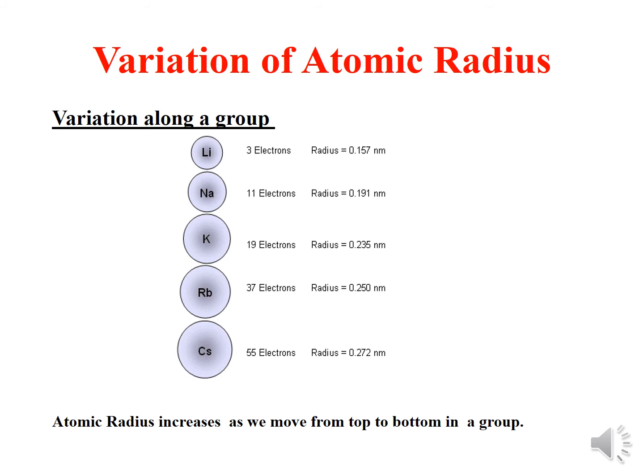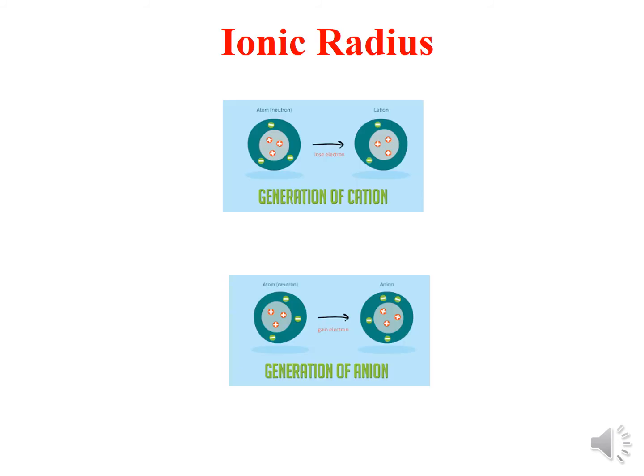Due to increase in number of shells, effective nuclear charge decreases. Therefore, size increases as we move from top to bottom. So atomic radius decreases along a period and atomic radius increases as we move from top to bottom in a group. Next we will discuss ionic radius.